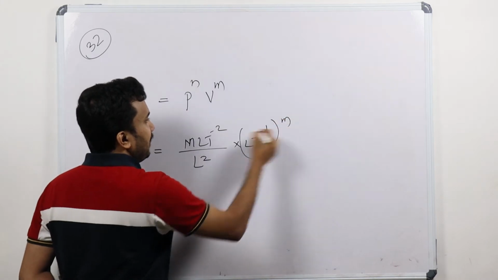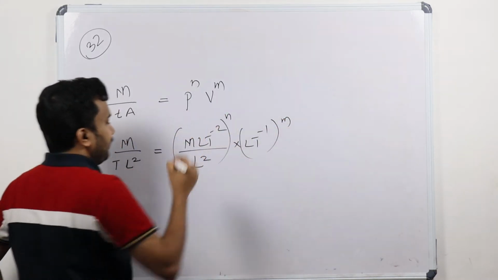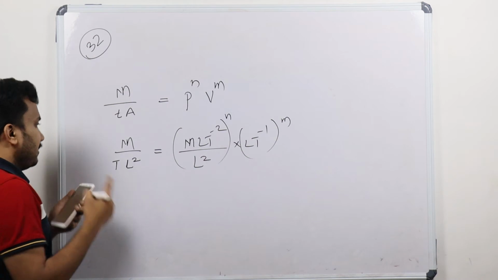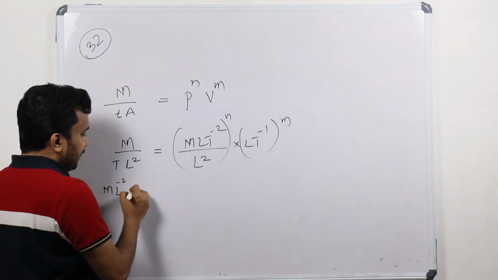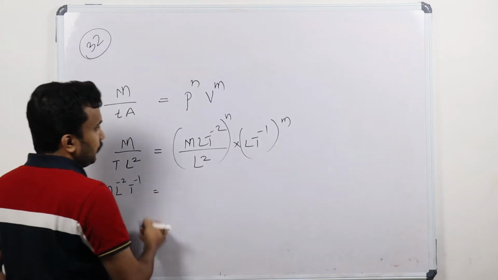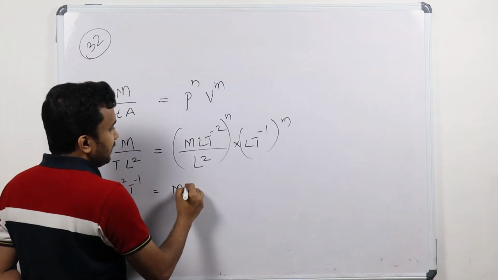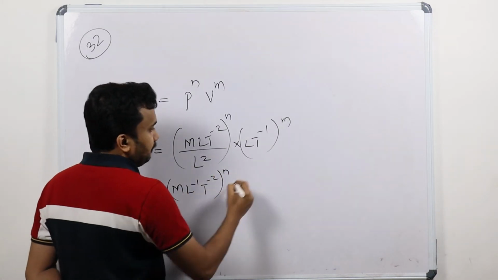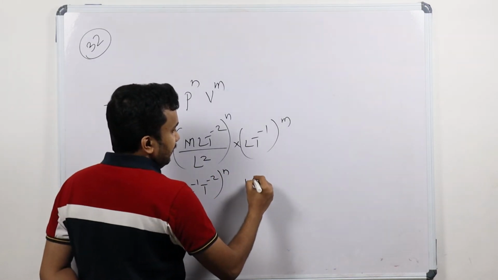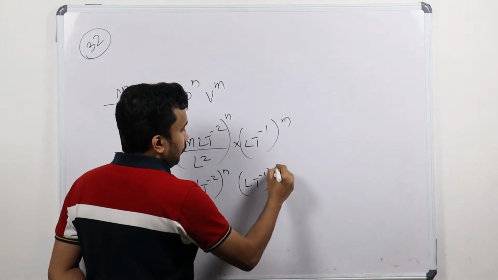This is whole raised to m and this is whole raised to n. Let us simplify. This is M L raised to minus 2 and T power minus 1, equal to L square, and L will be cancelled. So, M L raised to minus 1 T power minus 2, whole raised to n, and this is L T raised to minus 1, whole raised to m.